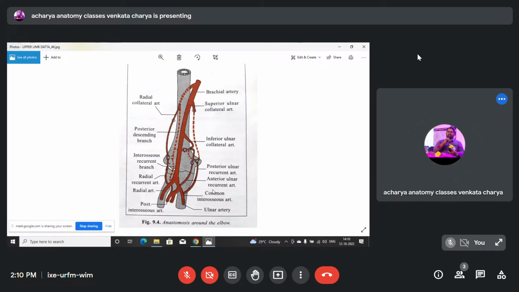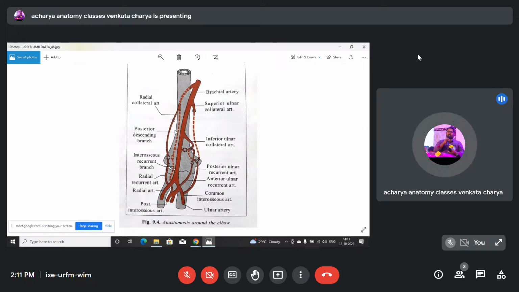Anastomosis with the posterior descending branch of inferior ulnar collateral artery and anastomosis with the posterior ulnar recurrent artery. So this one is a fifth anastomosis.